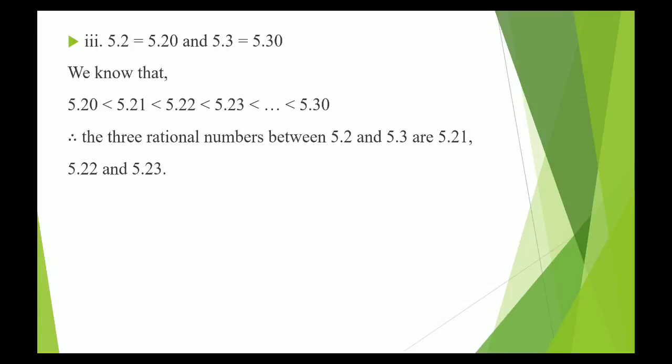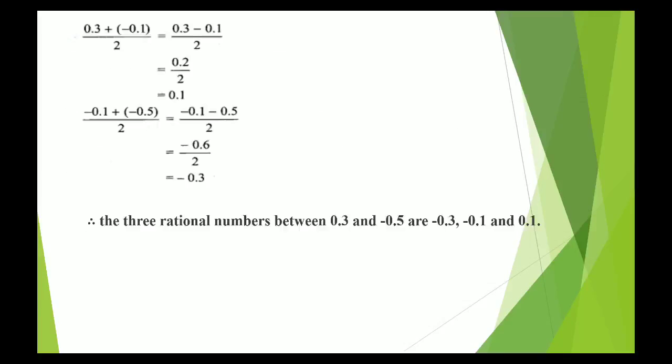So this is A. A is 0.3, and the answer we got just now, minus 0.1. So 0.3 plus minus 0.1 upon 2. After doing the calculation, we will get the answer plus 0.1.